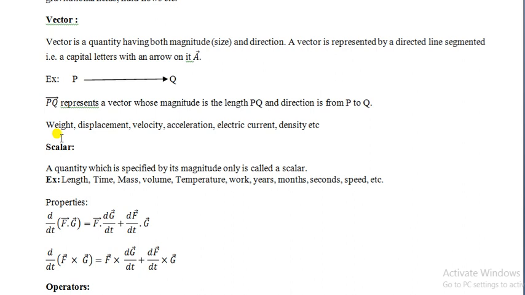Weight has both magnitude and direction, as do displacement, velocity, acceleration, electric current, density, etc. All these have magnitude as well as direction.